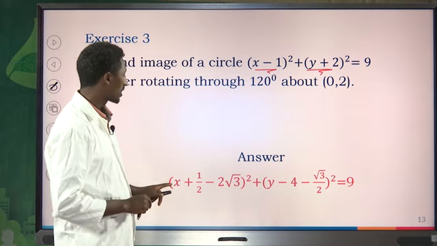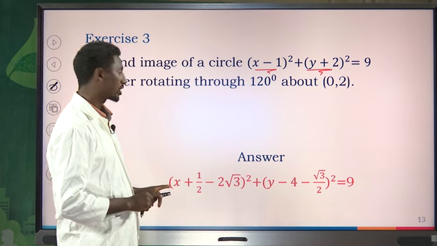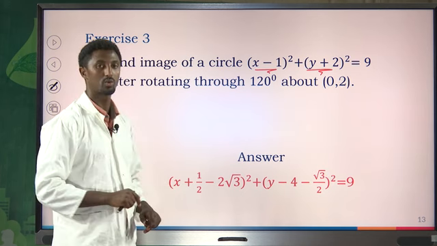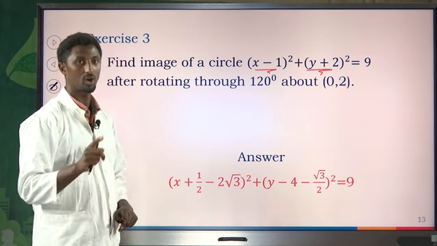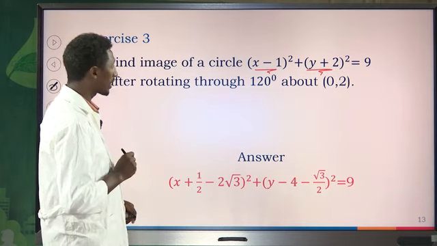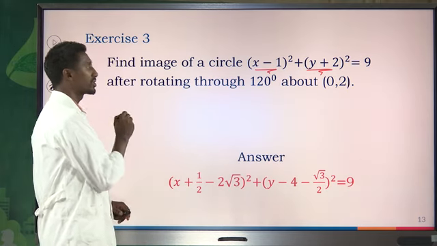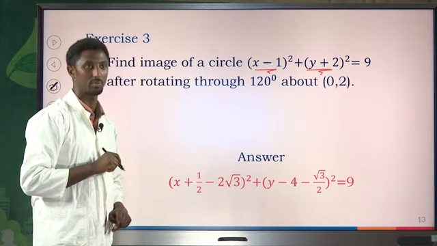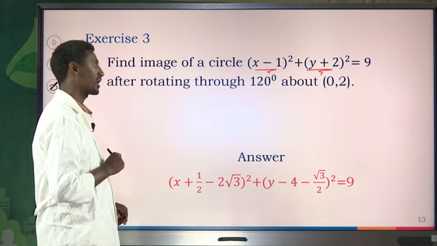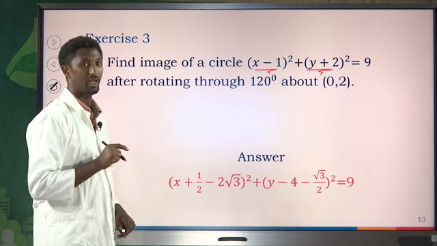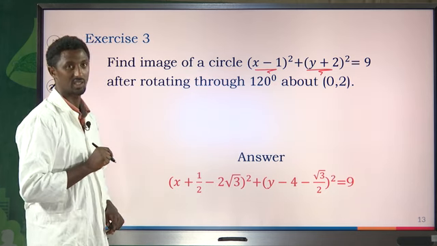Then the image of the circle is given by the equation with that center. So you can check your answer. But don't forget that when you are finding the trigonometric values of 120 degrees, because it is an obtuse angle, take care about the sign of the trigonometric values.